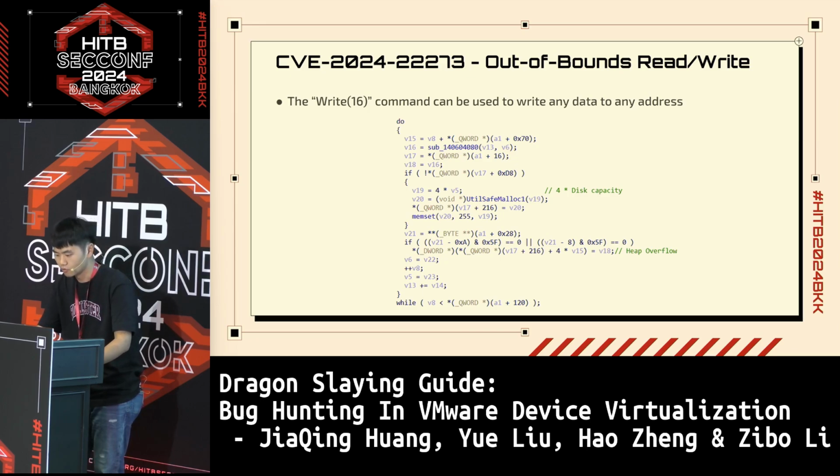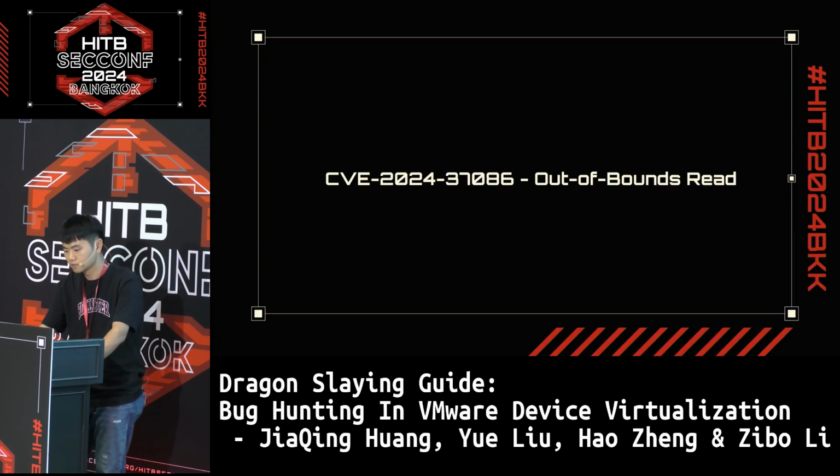Obviously, this is a heap overflow. The write and other read and write commands in the SCSI command reference manual allow us to access any 8-byte address. This allows us to easily perform arbitrary read and write operations.